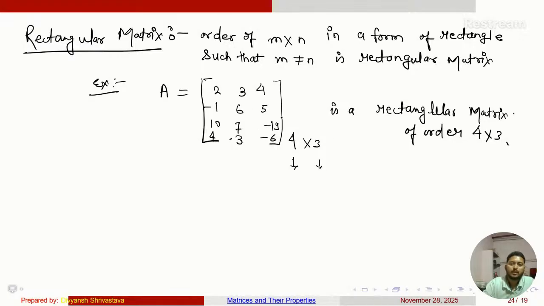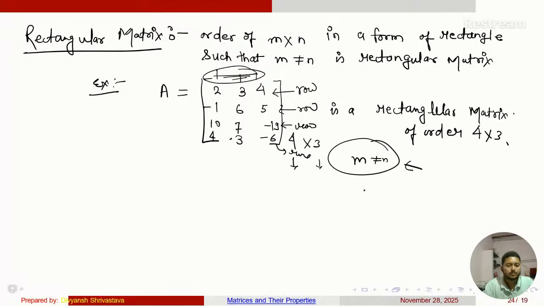There are 3 columns and only 4 rows. This is a row, this is a row, and this is also a row, and these are column, column and column. So this 4 cross 3 matrix is an example of a rectangular matrix, because in a rectangular matrix m is not equal to n. First understand this. Now come to the next point, which is the square matrix.